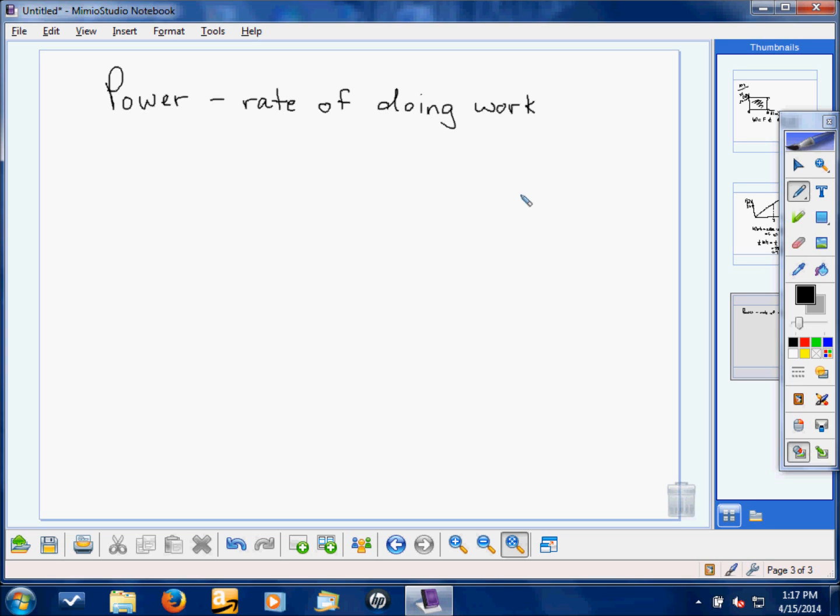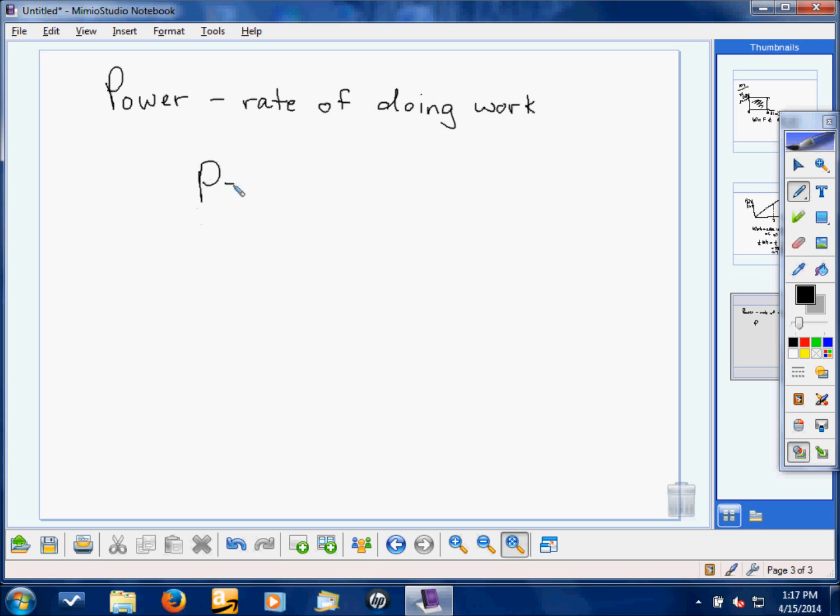That's a rate of travel, okay? Meters per second. You could have a rate of change of speed, which is acceleration. So it's something over a unit of time. So it's a rate of doing work. So that means how much work can be done in every unit of time.